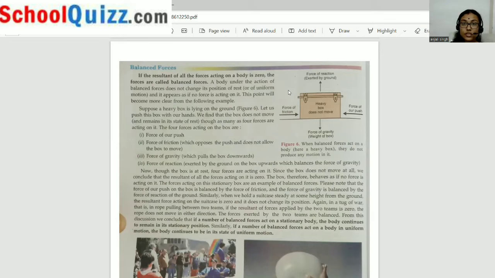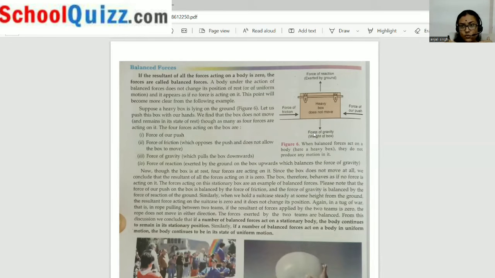Here you can see this heavy box, it is not moving. Okay, downside, which force is acting? You can see here the downside, force of gravity. The force of gravity is acting, and upside, force of reaction. That I'll explain you later, but please keep in mind the reaction force and the gravity.